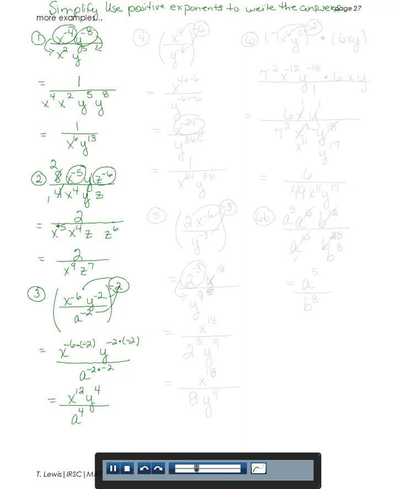Okay. So don't write too big because we have some more room on this paper here. Number 4. We have here x to the 4th over y to the negative 6, and then all of that is being raised to the negative 6 power.